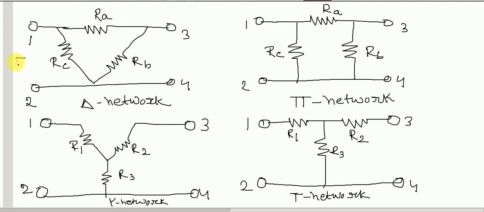If I observe from this side, R1 to R2, what will be the resistance between these 2 points 1 and 2? That must be the resistance between 1 and 2 in the star network. That means the equivalent resistance between points 1 and 2 in the delta connected network will not change in the star connected network between points 1 and 2.